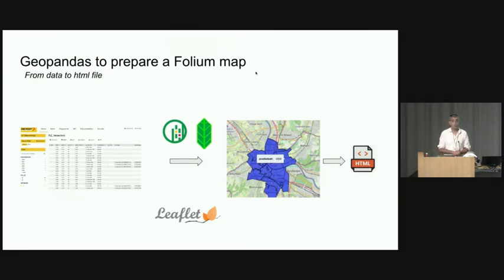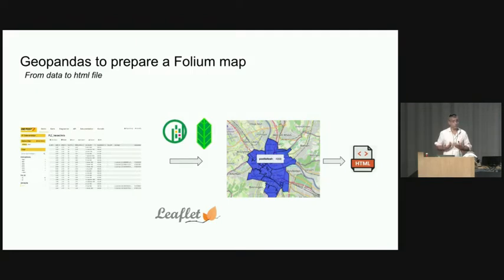So what we want to do here is to download some usually public data. Here in Switzerland, it was easy to find through the post office the different polygon shapes of the districts, and then you download the data and upload the data in your framework.